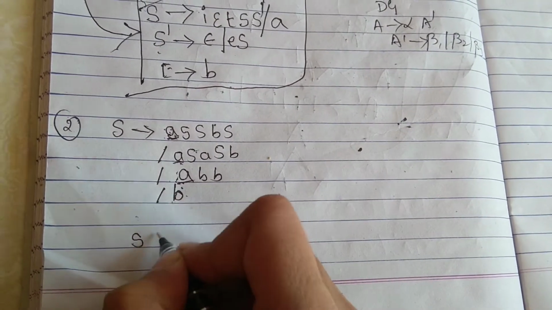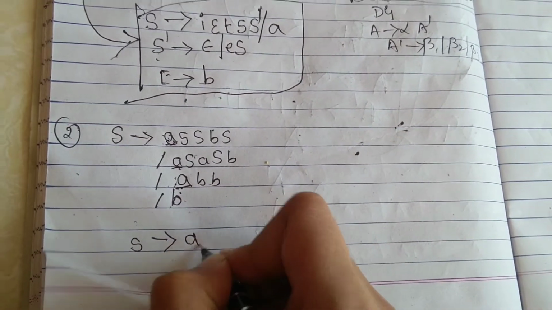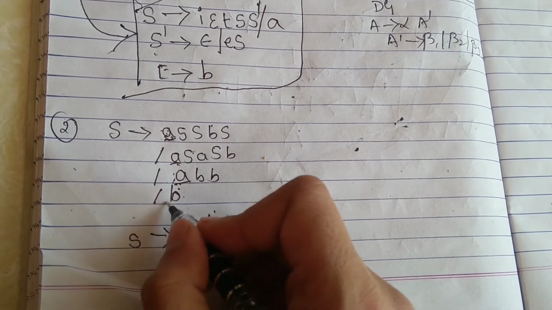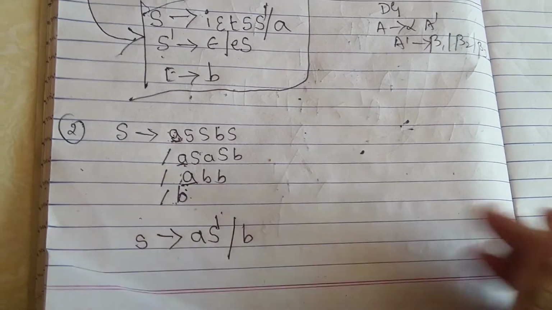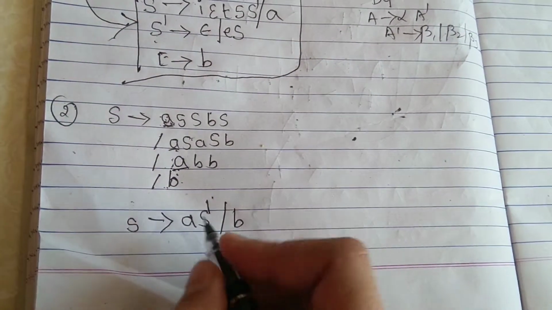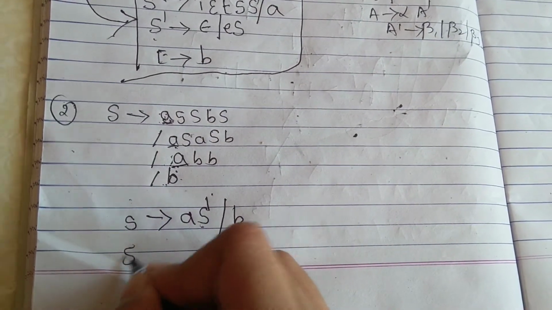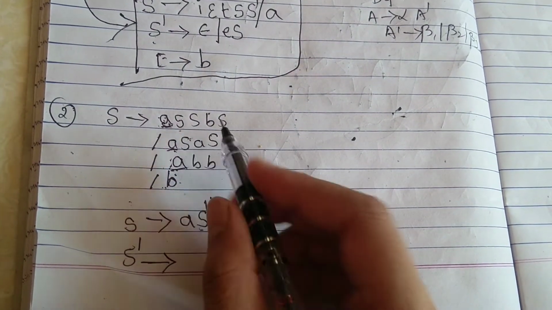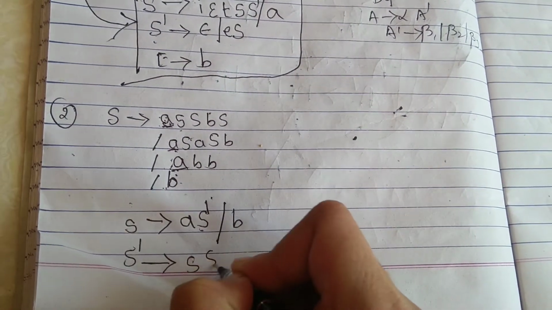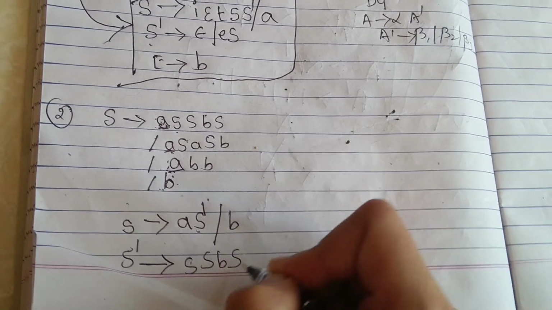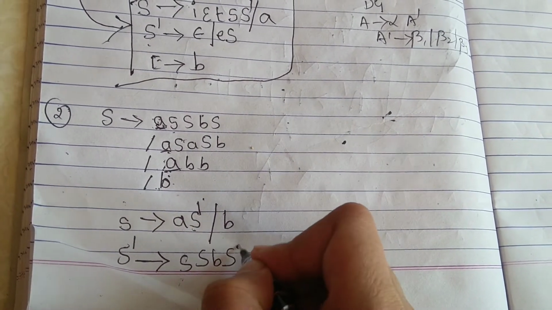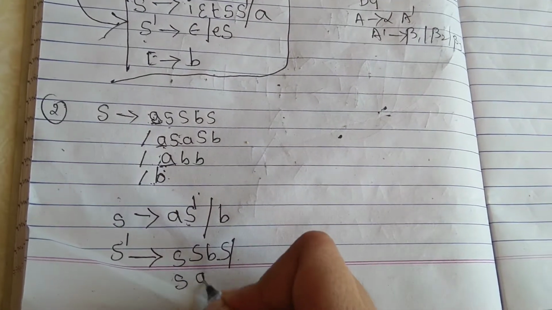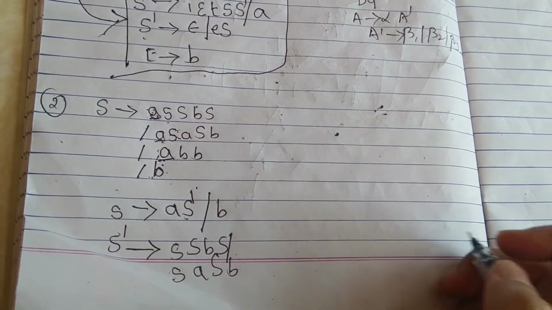What happens here? S tends to a S dash, where the letter will be b. And where S dash, what are the things remaining here? S b S, or one more, that is S a S b.